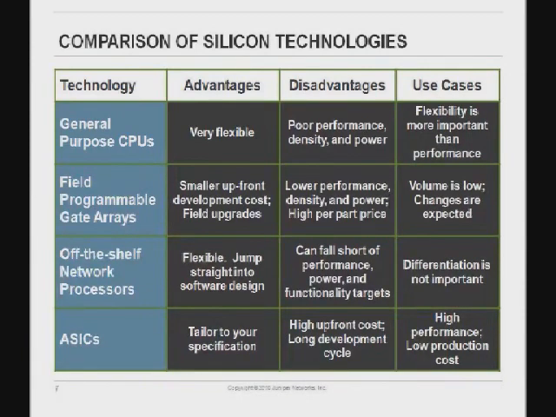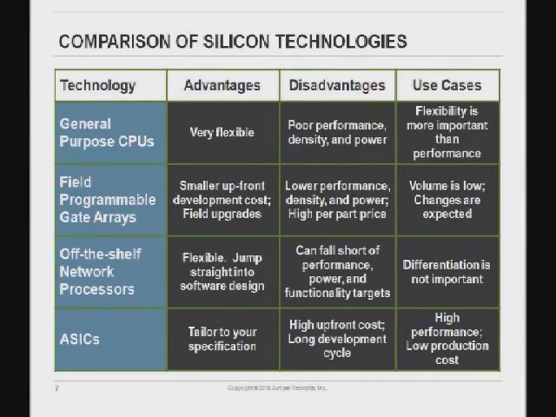And then the next one down, we call them field programmable gate arrays, or FPGAs. And these are devices that are already built, but you can program them at runtime to do the logic function that you designed. And the advantages, of course, compared with ASICs, which I will talk about a little bit later, are smaller upfront development costs because these devices are already there. And also they are upgradable in the field after you develop it.